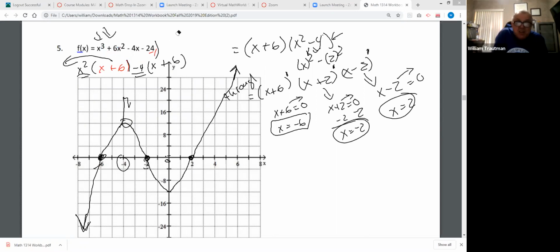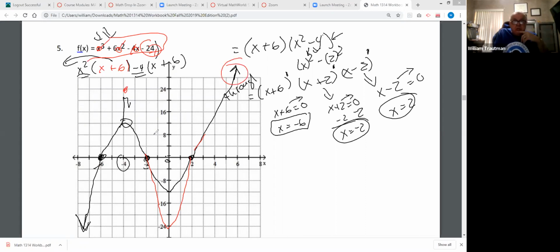If you plug 0 into the original problem, you see that turns to 0, 0, 0, and it goes down to negative 24. So this graph will go down to negative 24, then back up. So you can graph it more precisely on how high and how low. If you plug negative 4 into the original problem, it'll tell you how high it goes also.